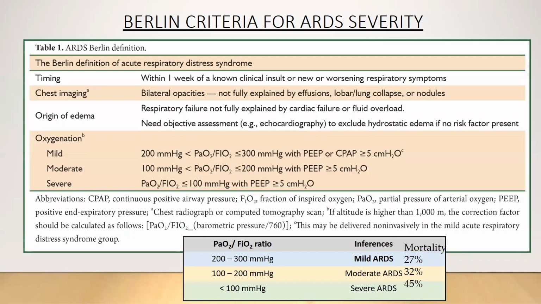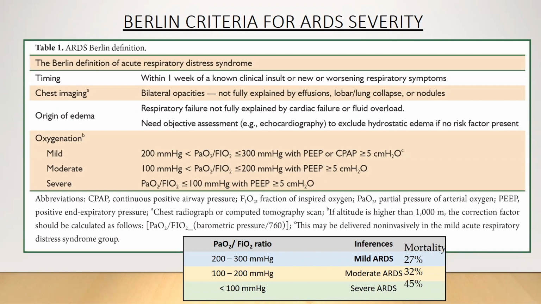So a bit on ARDS and also the PF ratio. These are the varying criteria for ARDS severity. According to the definition, the timing is usually within 1 week of a known clinical insult, with new or worsening respiratory symptoms. Then chest X-ray changes of bilateral opacity not fully explained by effusions, lung collapse, or nodules.